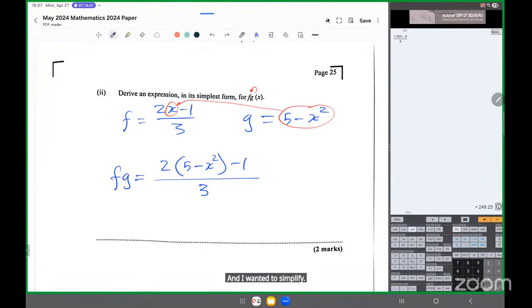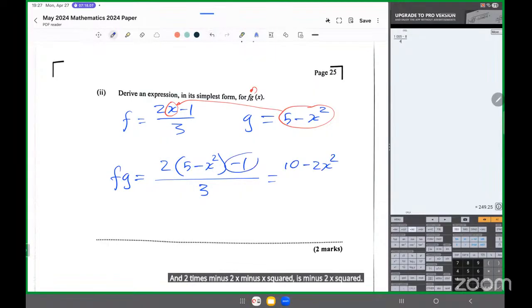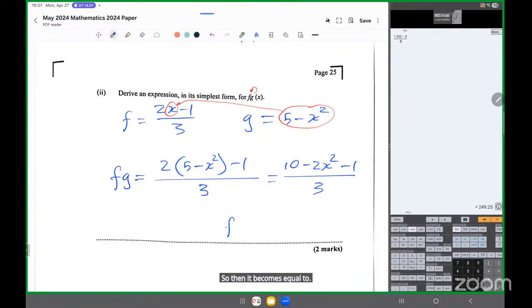So the numerator, I've expanded the numerator, becomes 2 times 5 is 10. Then 2 times minus x squared is minus 2x squared. Then this minus one out here, divided by 3. So then it becomes equal to 10 minus 1, which is 9.